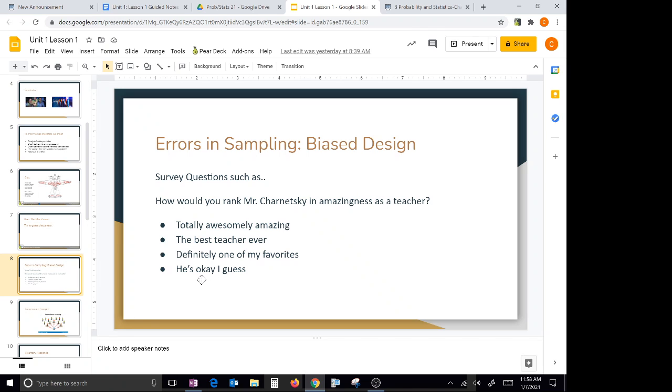So this one doesn't really even have a negative response that's even possible. Sometimes this is done by accident, sometimes it's done on purpose. So this is why it's important to identify the method and how you are asking questions or how the sample was taken, because you can get poor results if your questions are biased.